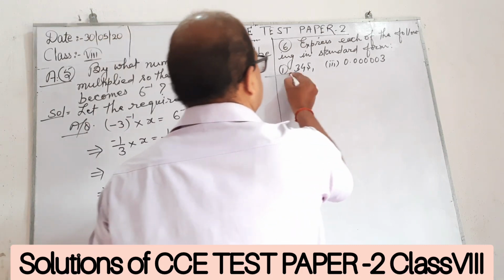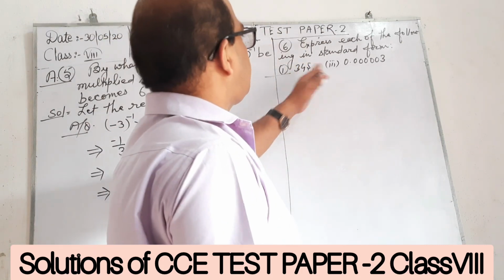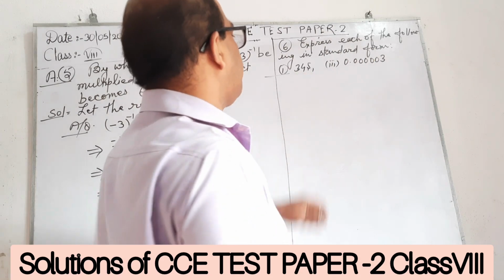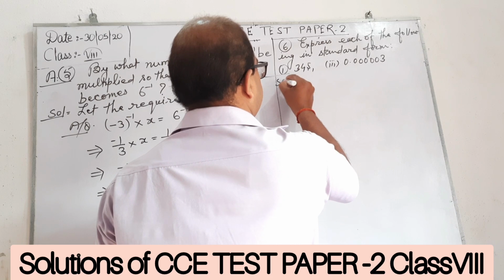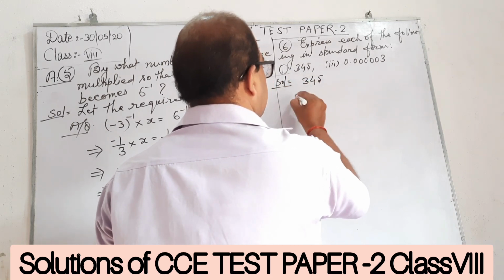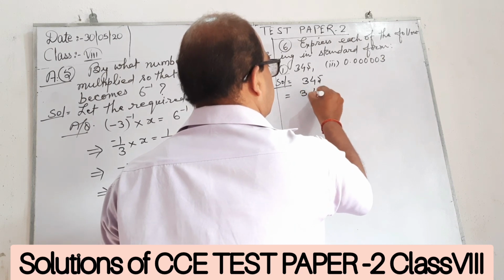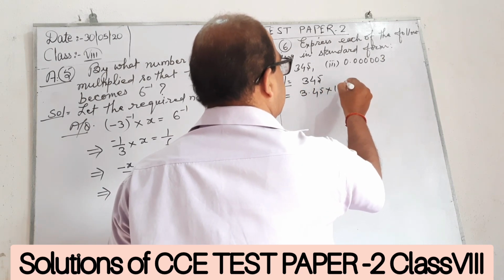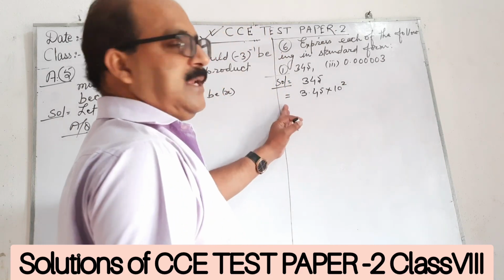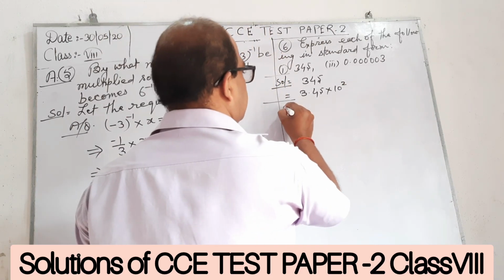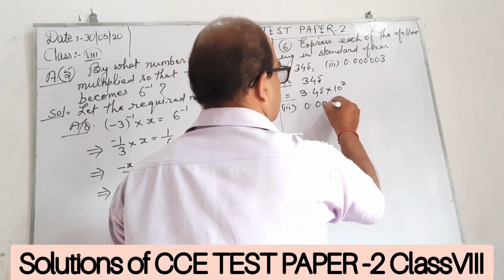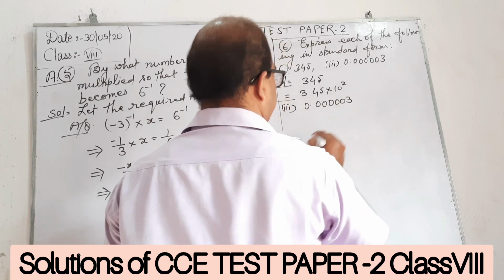And the last question, express each of the following in standard form. 345, only 345. How will you write? 345 is 3.45 into 10 to the power 2. Clear? And in question number 3, 0.000003.